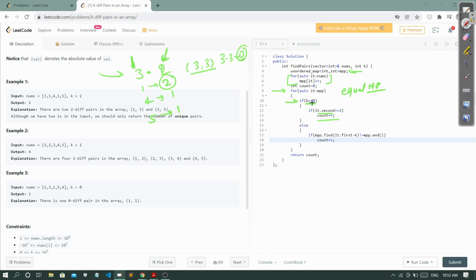If k is not equal to 0, in this question k is equal to 2, so we have to find it dot first, that is 3 minus k, and we have to find whether 1 exists or not.